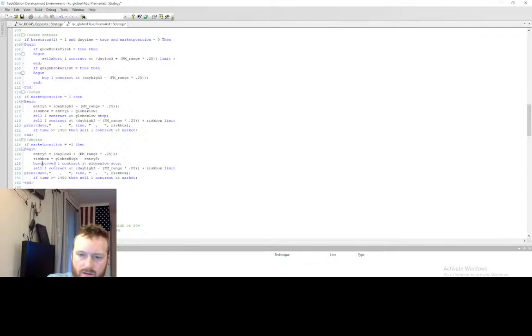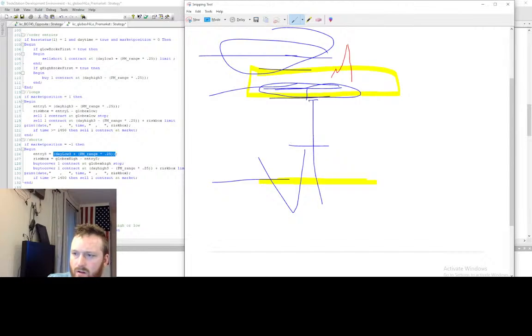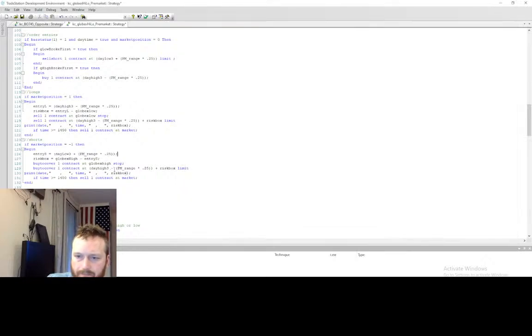Stop losses are always first. So buy to cover one contract at Globex high stop loss. Buy to cover one contract at risk box essentially. So I'll take day low plus 25%. Is that right? Yeah, if I'm short, I'm going up. That's my entry price for my target. That's not right. There you go.